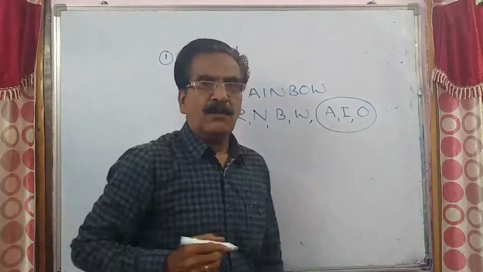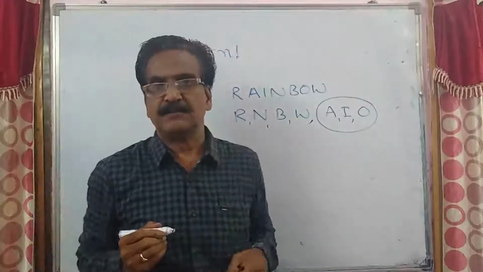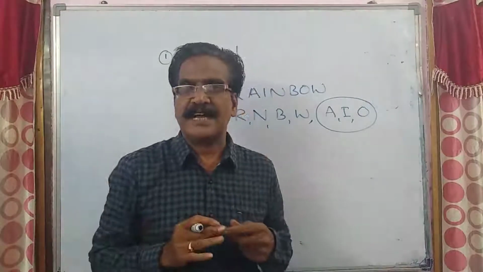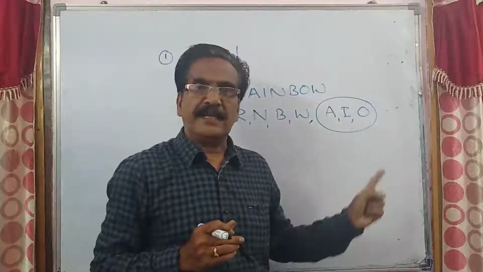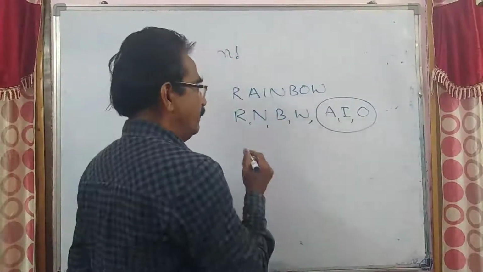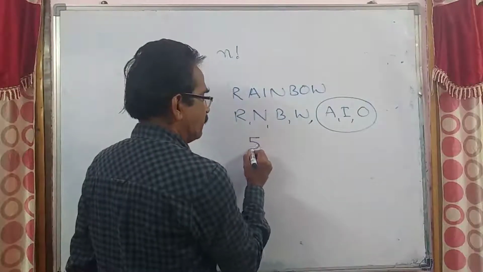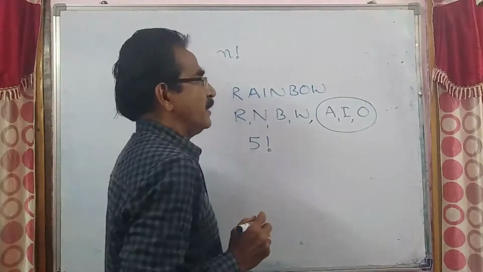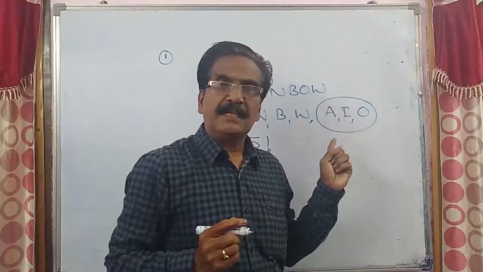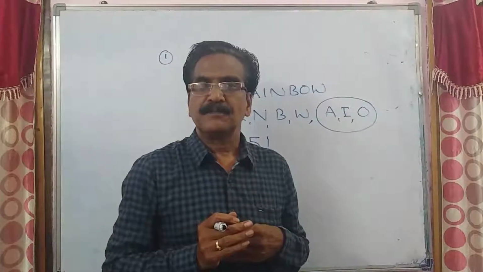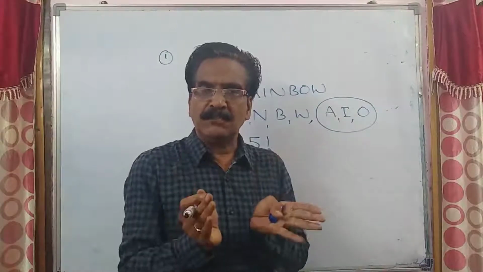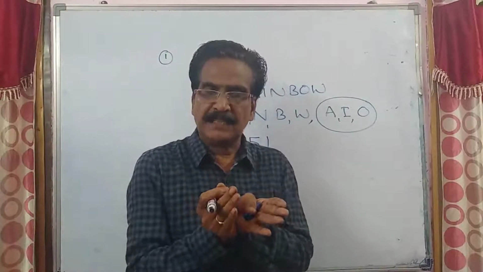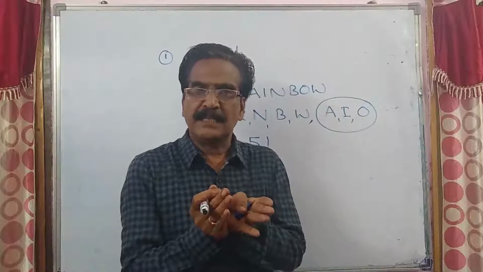In total, we have 5 units, 5 different things. These 5 different things can be rearranged in 5 factorial ways. Here we are considering the 3 vowels as one unit because all the 3 vowels must come together.